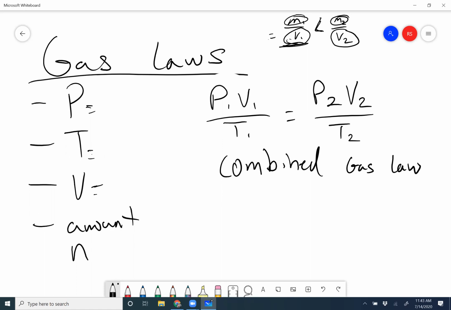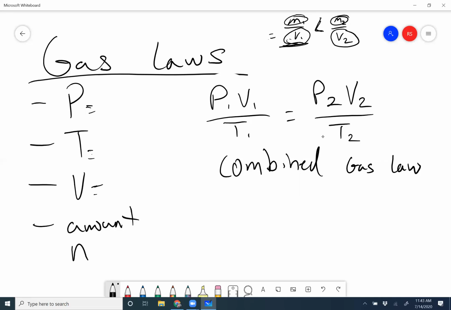If the pressure was to increase, that would cause a change in the volume, but it would also cause a change in the temperature. And this equation allows us to see how these different ratios would affect each other into the final outcome.